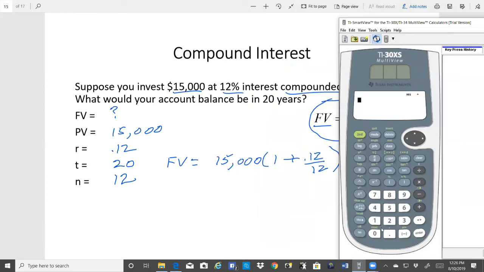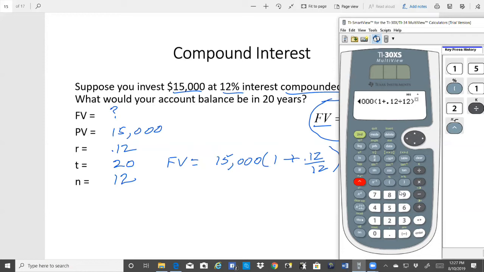So we want to calculate 15,000 and you need to use parentheses. 1 plus 0.12 divided by 12, in parentheses, and now you need the exponent.